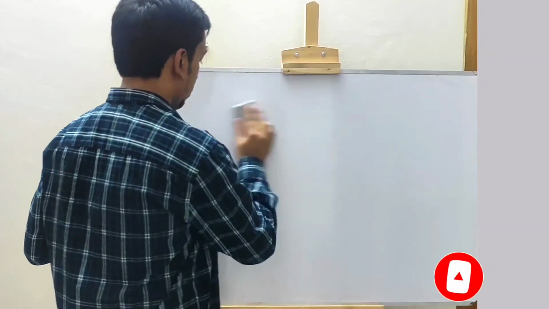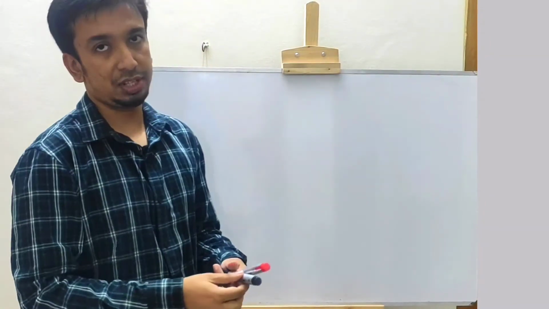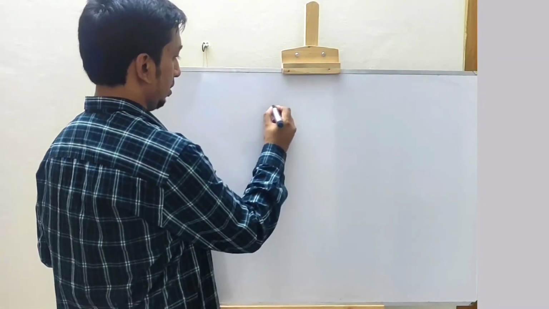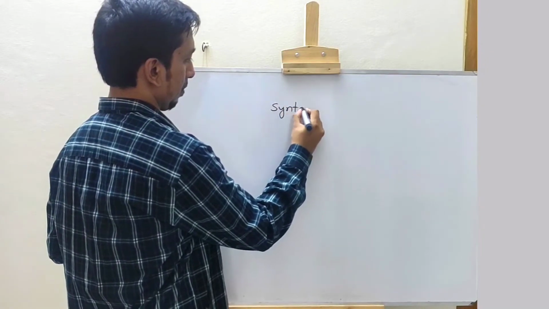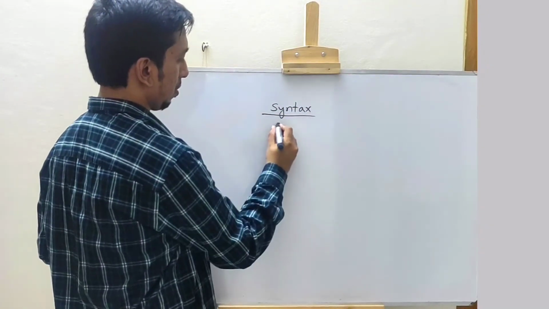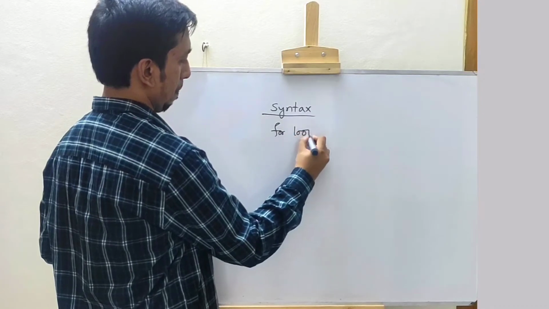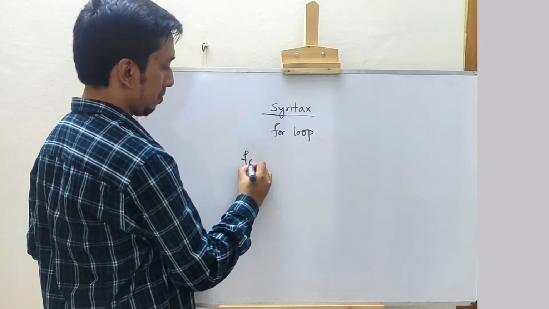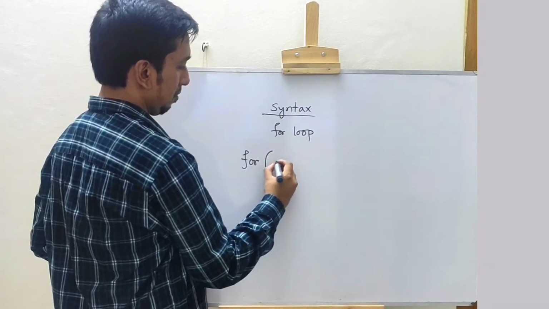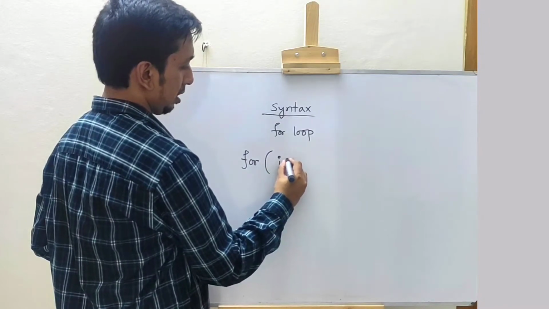At first we have to know the syntax of for loops. So this is our syntax for loop. First of all, you have to write for, first bracket. First one is initial value.